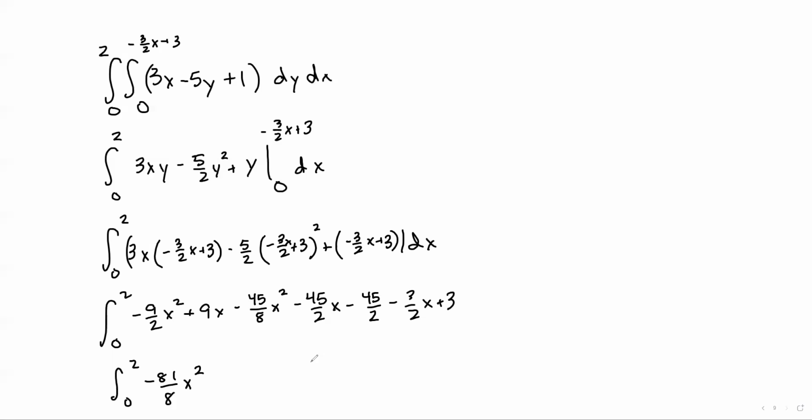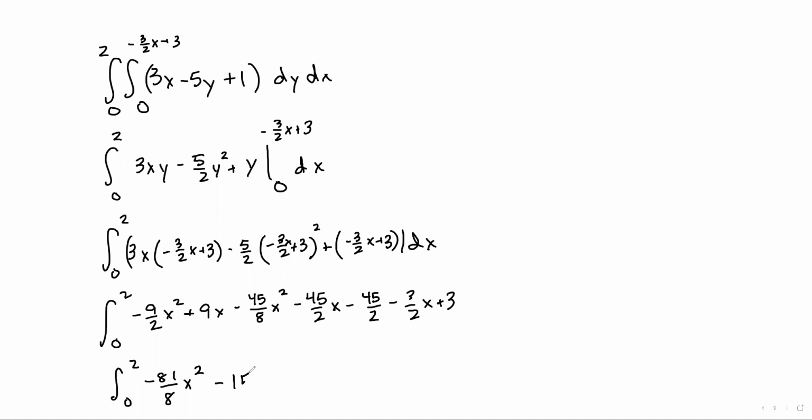x squared. And then we've got 9x and negative 45x and negative 3 halves x. All right, so that's going to give us, we got negative 45 halves and negative 3 halves. That's going to give us negative 48 halves, negative 24, negative 24 and 9.